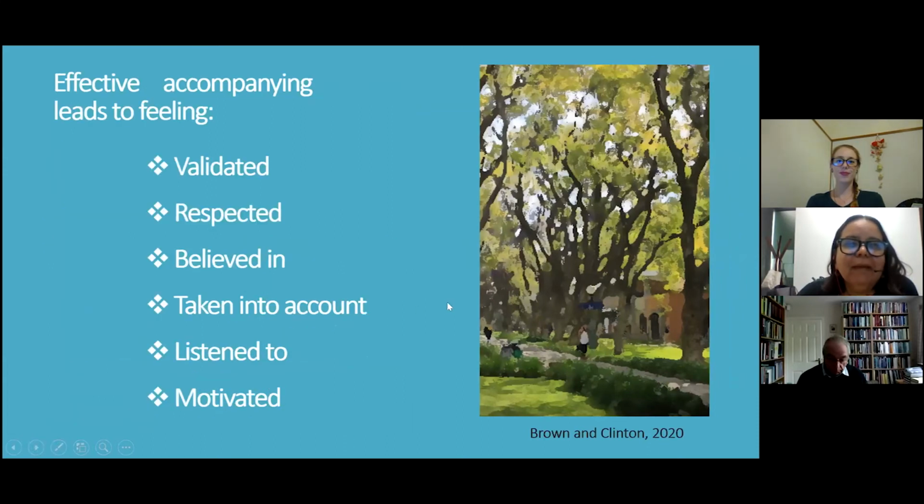Okay, so what this is supposed to be leading towards is having the person feel validated, respected, believed in, taken into account, listened to, and of course all of that motivates you. So imagine if you work with your team of teachers in creating all of these feelings and they get to see how it's done, then what we're betting on is that they will be able to replicate that with the students. And we're not just betting on that, we have seen it happen.